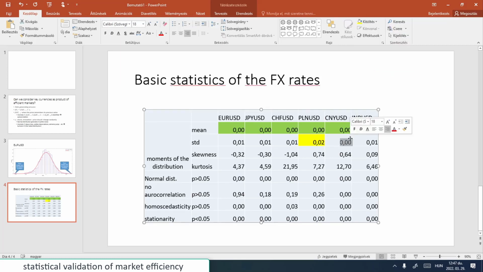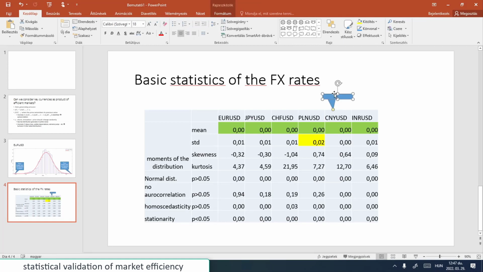In the case of the Chinese renminbi, this really low standard deviation means that it follows a fixed exchange rate regime. All the rest of the currencies are free floating. In the past it was fixed to the US dollar. Nowadays it follows some kind of currency basket containing euro, British pounds, US dollar, and so on. So that's the reason that the standard deviation is low here.